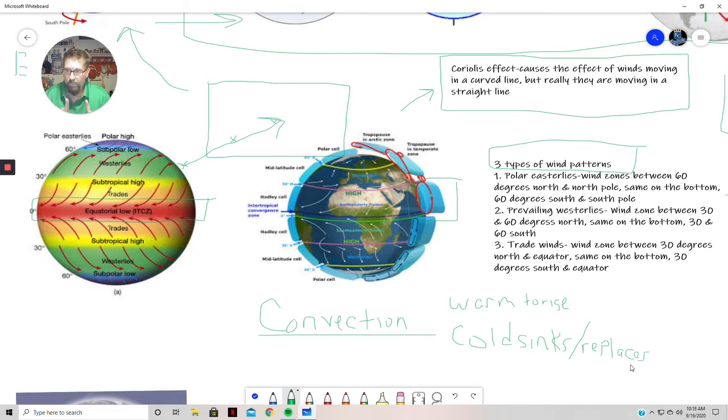So if the warm air rises, other air comes in to replace it. So there's always some kind of breeze. Sometimes it's very, very slow, 1, 2, 3, 4, 5 miles an hour, so you don't really feel that much, and that's not enough to actually move trees, branches, and stuff.